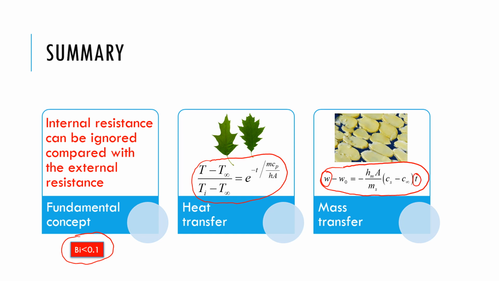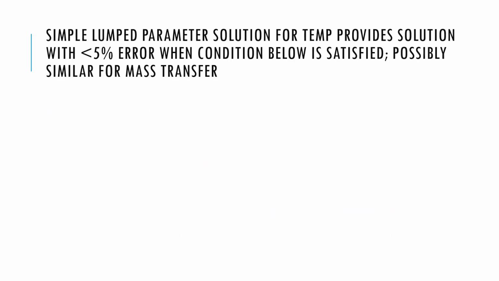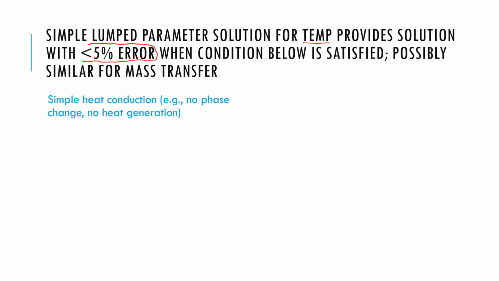So these are very simple descriptions, but they are applicable under very restrictive conditions, which are these. So the simple lumped parameter solution for temperature that we did provides a solution that has less than 5% error when the condition below is satisfied.